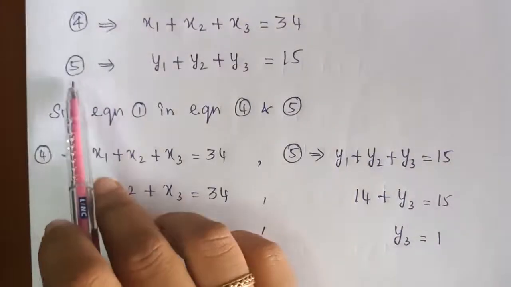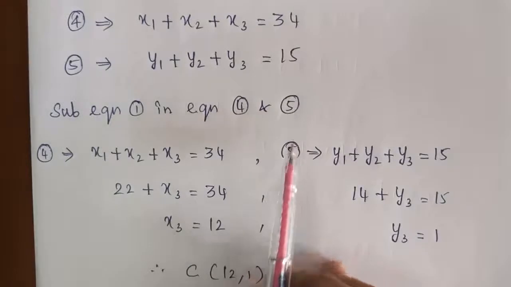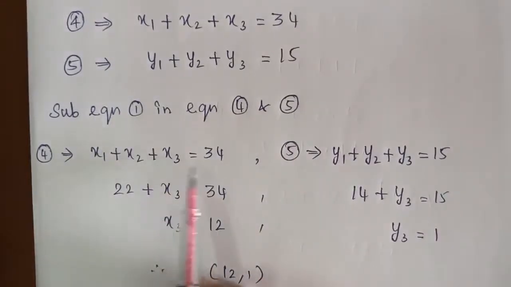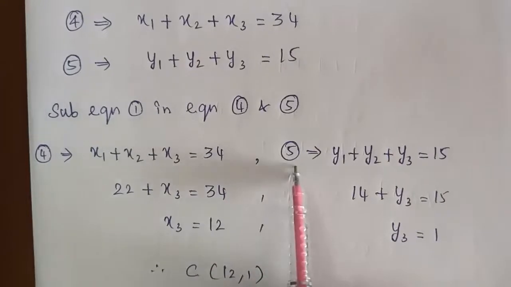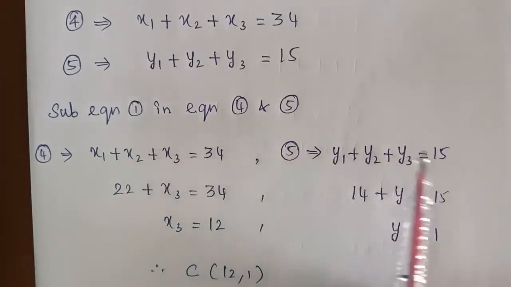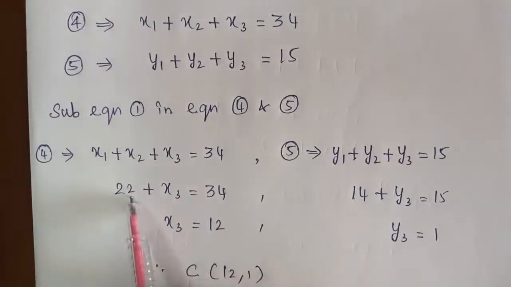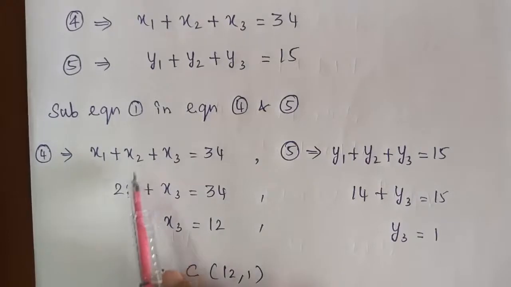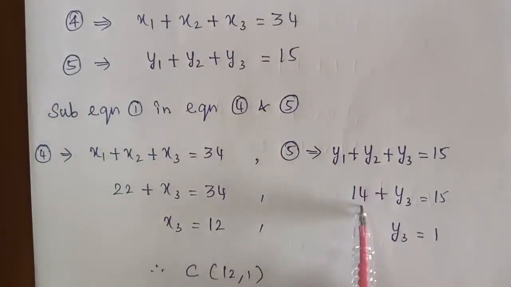So by using equations 4 and 5, substitute equation 1 in equations 4 and 5. This is equation number 4, x1 plus x2 plus x3 is equal to 34 and equation number 5 is y1 plus y2 plus y3 is equal to 15. So equation number 1, x1 plus x2 is equal to 22. So instead of x1 plus x2 we are substituting 22, and y1 plus y2 we are substituting 14.